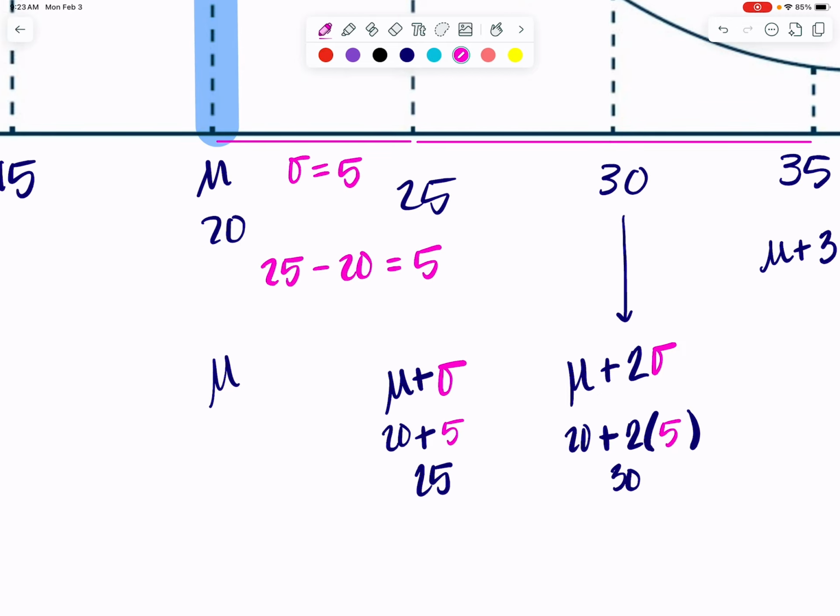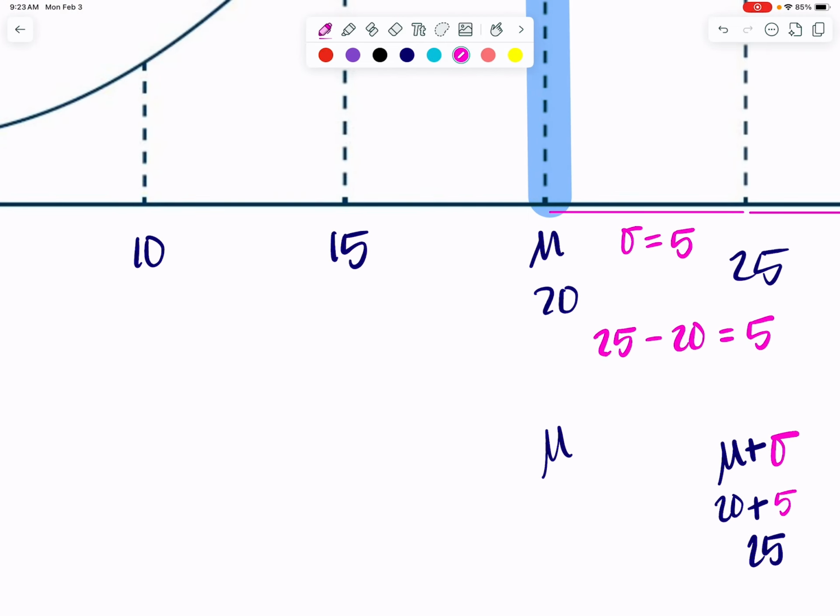Now let's go backward. If 5 was our standard deviation on the right side of the mean, it's going to be the standard deviation on the left side of the mean. But to go backwards, instead of adding 5, we would subtract 5.